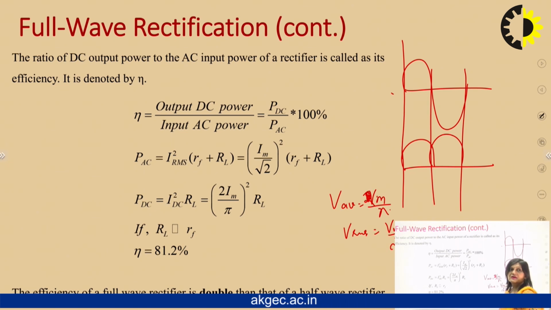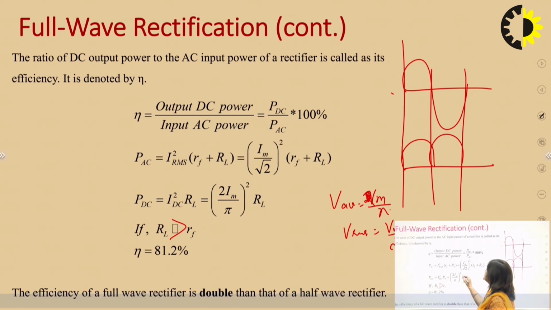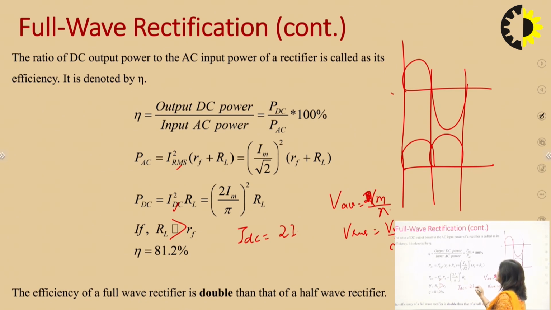Similarly, for calculating the efficiency of the full wave rectifier, all the steps are the same as we used in the half wave rectifier. We only have to change the values of IDC and IRMS. In the case of IDC, the value is 2 Im upon pi, and for IRMS it will be Im upon root 2.